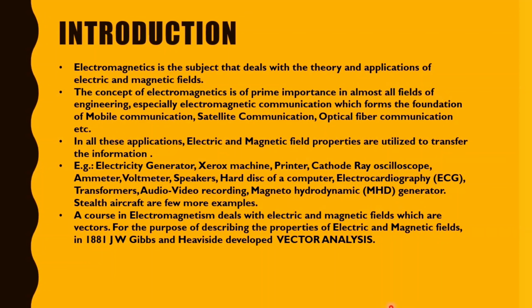Moreover, especially in the field of engineering, electromagnetic communication forms the foundation of mobile communication, satellite communication, optical fiber communication, etc. That means prime importance is given to all the branches, but especially to electromagnetic communication, because it makes the foundation of mobile, satellite and optical communication.